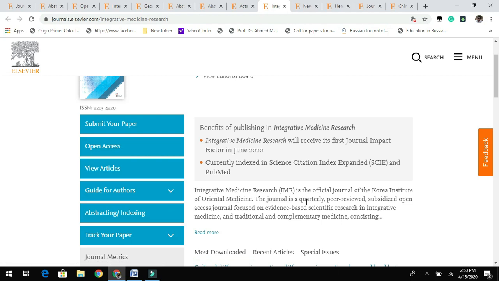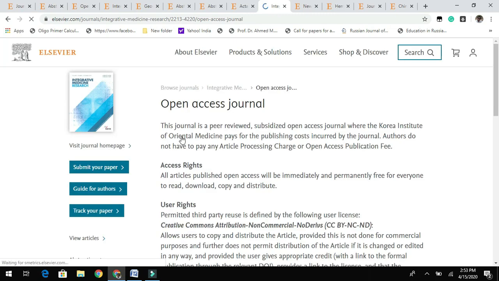The journal is quarterly peer reviewed, subsidized, open access, which means there is no article processing fees. Let us see the article processing fee of this journal. This journal is peer reviewed, subsidized, open access journal where Korea Institute of Oriental Medicine pays for the publishing cost.